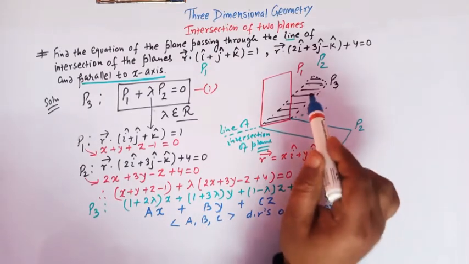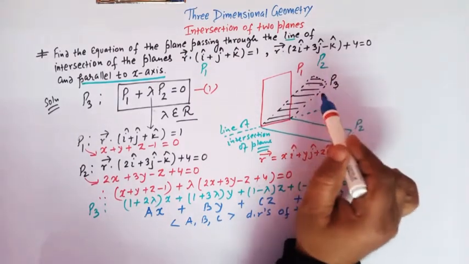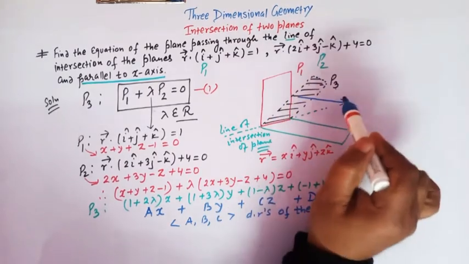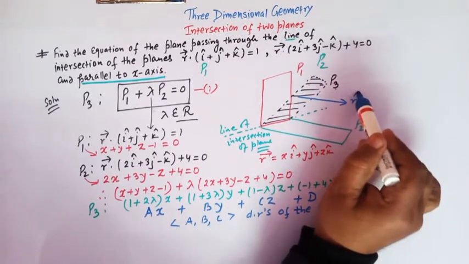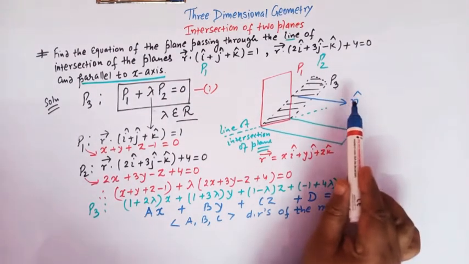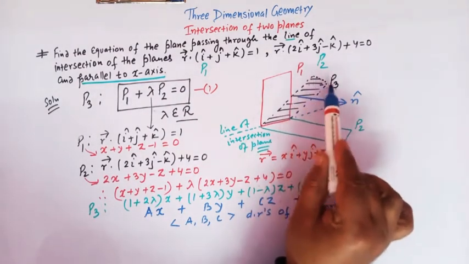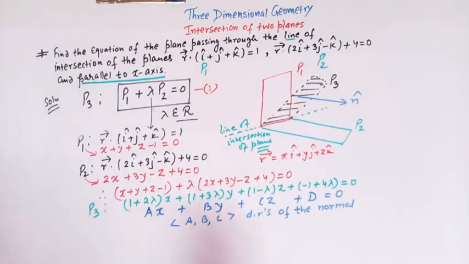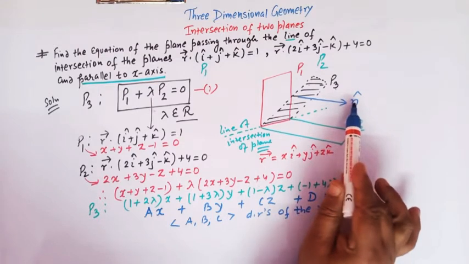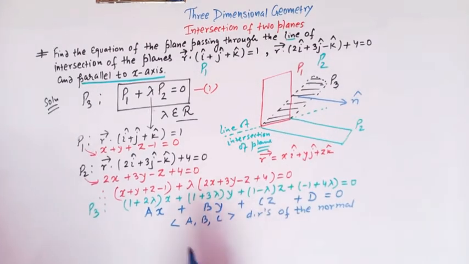So now here if we take this plane P3 and suppose this is a rough diagram, and let us take the normal vector like this.